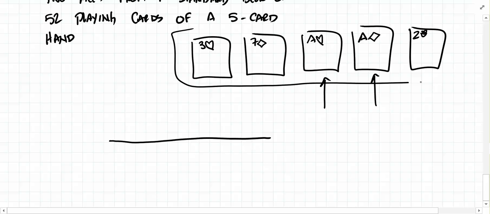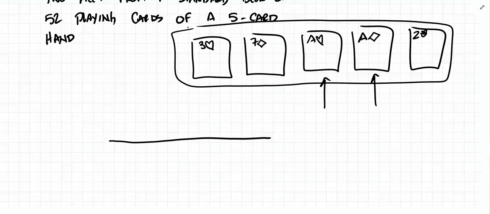So let's think about this. How many cards total are in the deck? 52. How many do we want to combine from those 52? 5. Check this out, you guys. I do not know what this number is. I'm assuming it's a pretty big number, but I don't care what that number is.